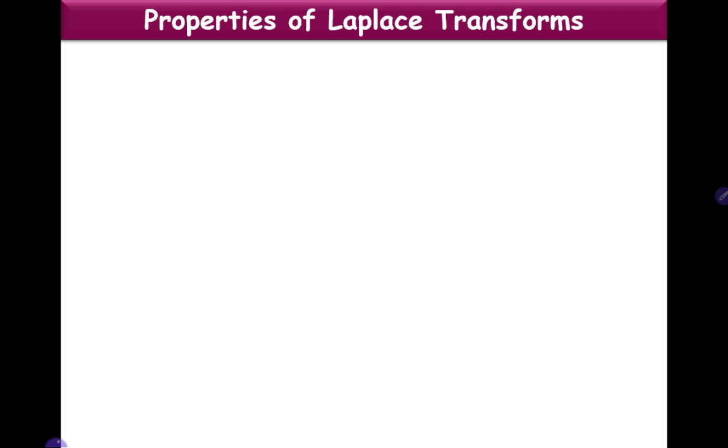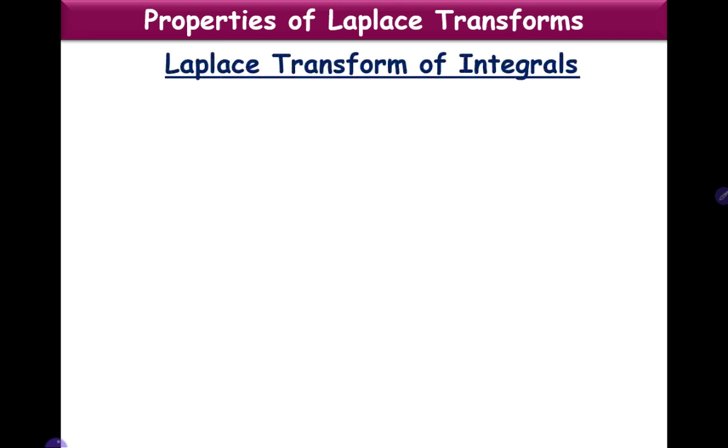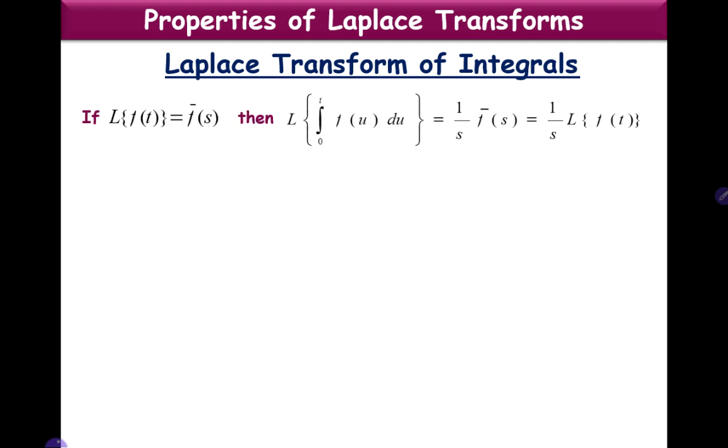Here is another interesting property of Laplace transform of integrals. In the last lecture we derived the property of Laplace transform of derivatives. This is Laplace transform of integrals, which states that if Laplace transform of f of t is known to us, then we can find Laplace transform of integral of f of u du within the limit 0 to t.